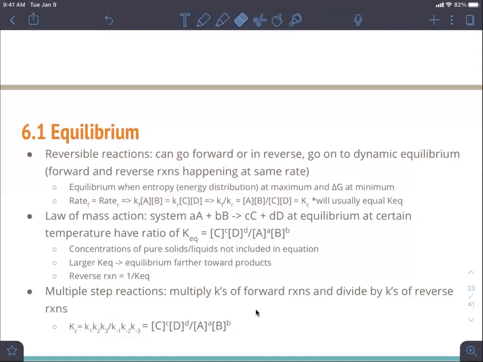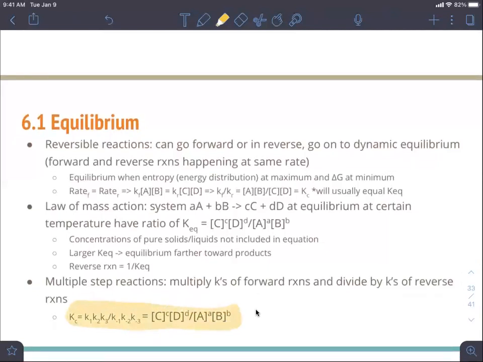I think this is actually backwards on the slide. I'll correct it, but the actual equation is right here. Yeah, so it's just products over reactants.